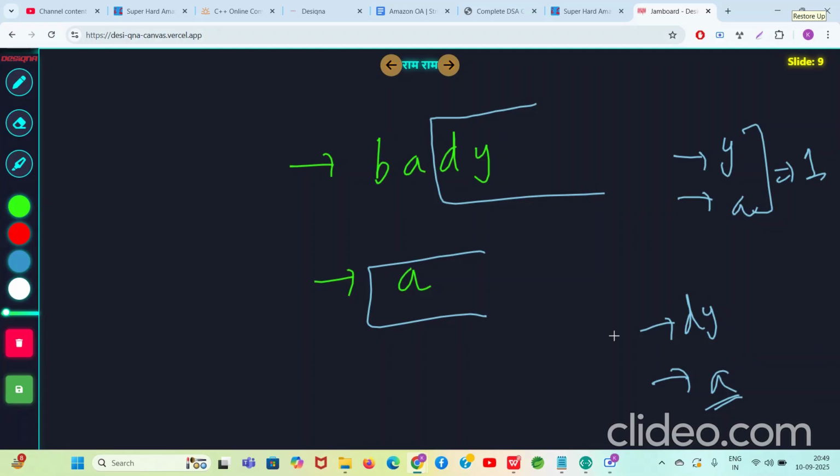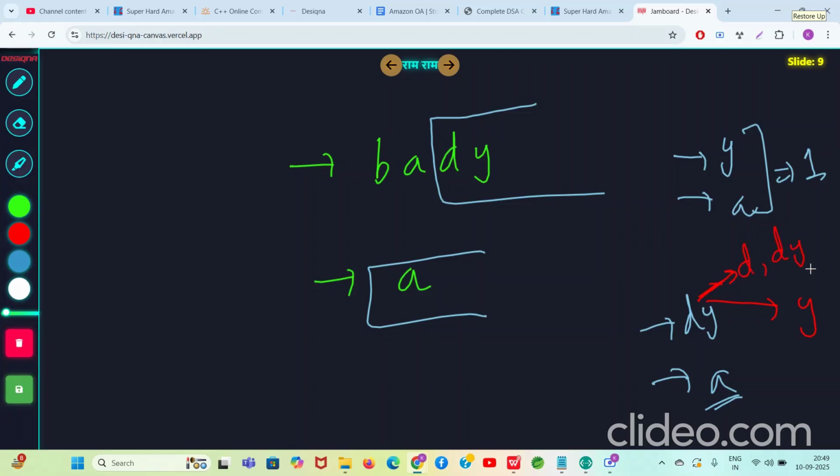DY subsequence is only made of two parts actually. One part is the part after D. Part after D is what? Y.